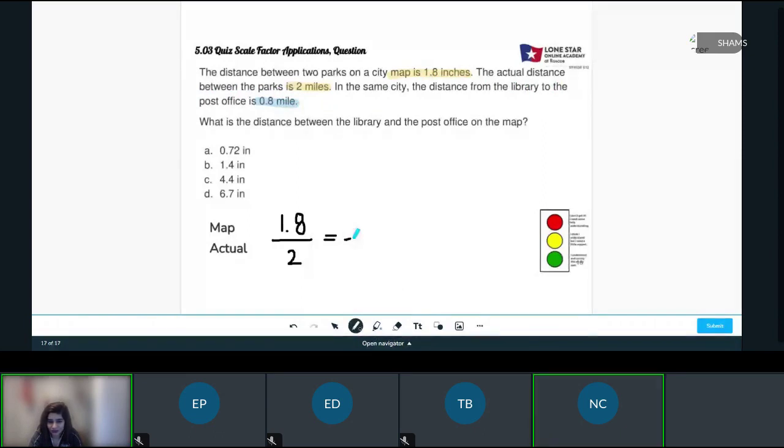So when it's talking about distance, it's going to be actual distance, because they talk about miles, and miles is too big to put on models. They didn't mention scale drawing, so it's actual. And then the scale drawing is missing. What is the distance between the library and the post office on the map? So this on the map is missing.